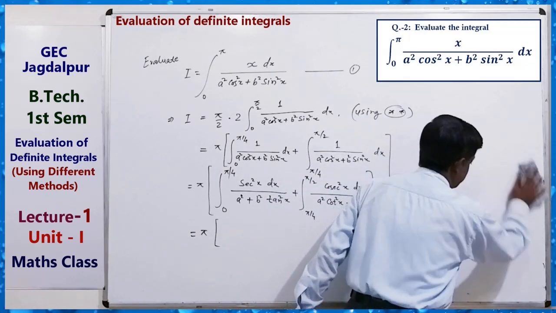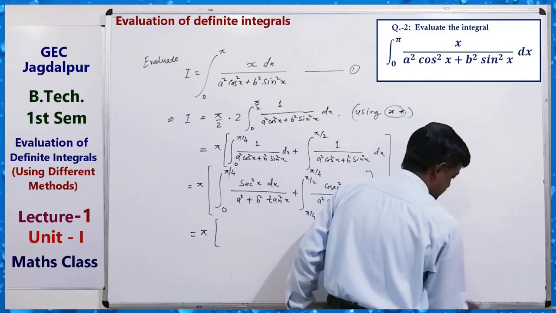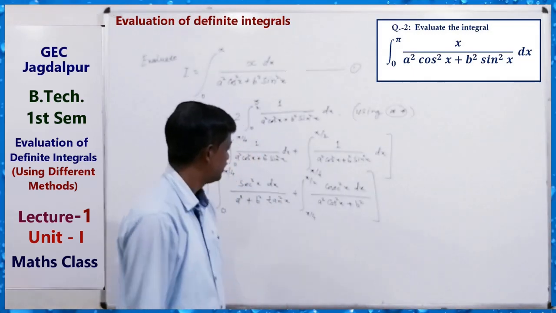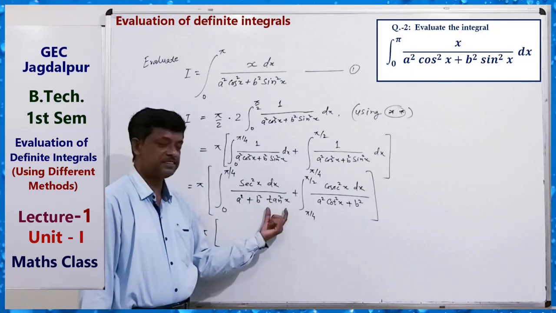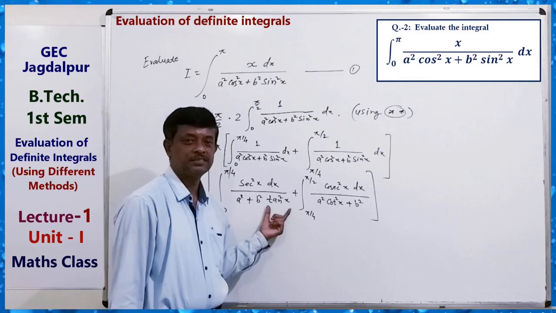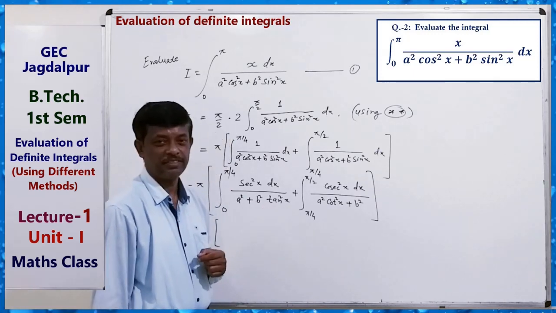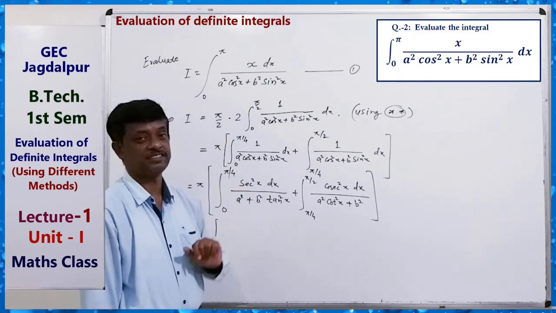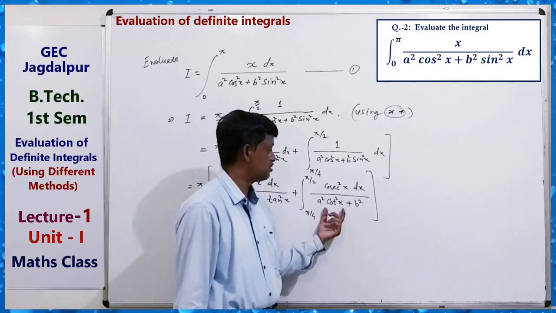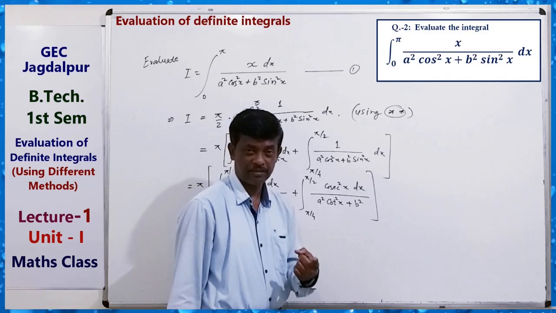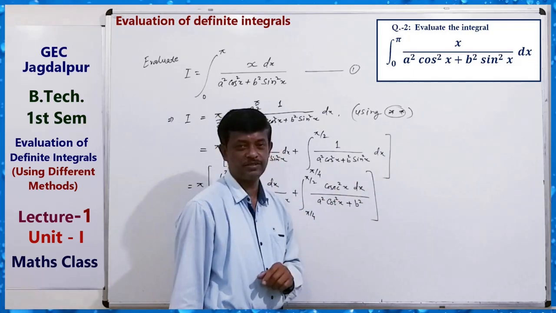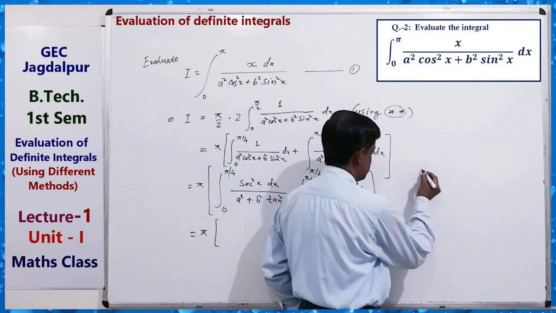For doing this integration, what you have to do is write tan x equals t, then you get sec square x, the differentiation of tan x, and cot x equals some other variable u, then you get minus cosec square x.